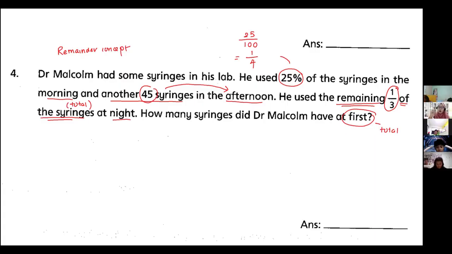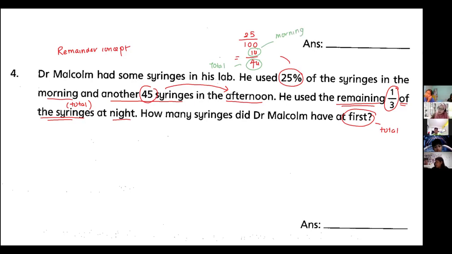Okay, so you all know that 1/4 is a fraction in its simplest form. And when it is a fraction in its simplest form, it is already in its units form. So you put the units and the units there. Okay, so which means the total right now is 4 units. This is my total. And my 1 unit is what I use in the morning.